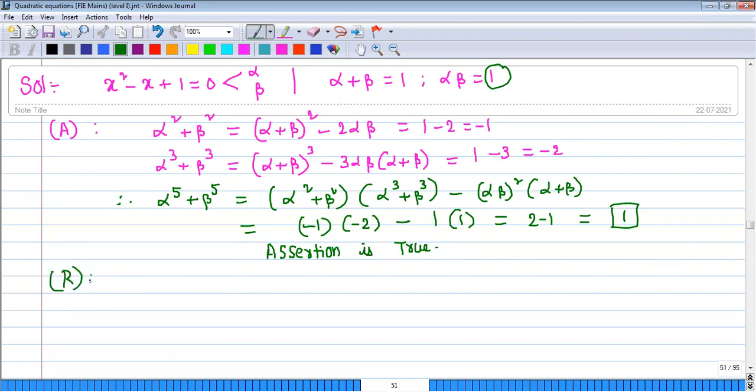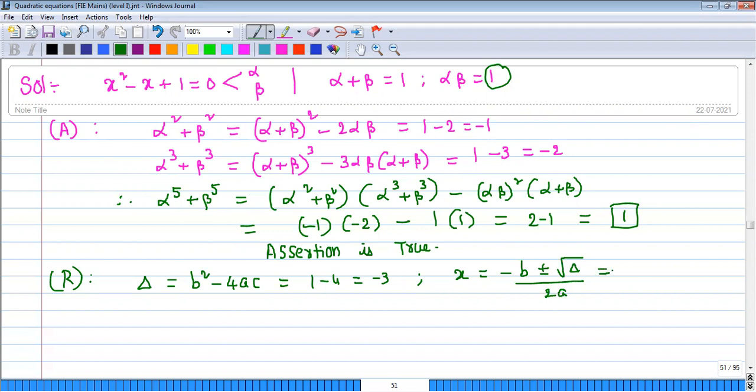Go for the reason. In the reason, the roots of x square minus x plus 1 equals 0 are omega and omega square. Let us check. First find delta, b square minus 4ac, which is 1 minus 4, so minus 3. Now the quadratic formula: minus b plus or minus root delta upon 2a.